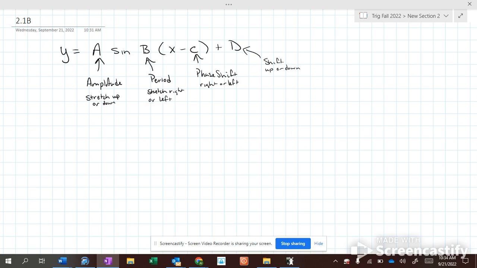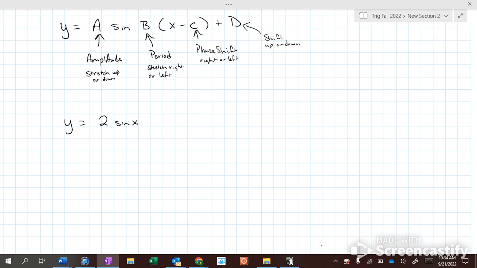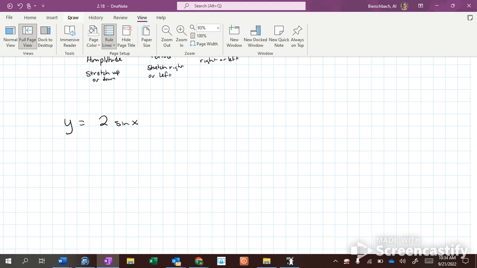So let's look at y equals 2 sine of x. What I'm going to graph, first of all, is in a different color.